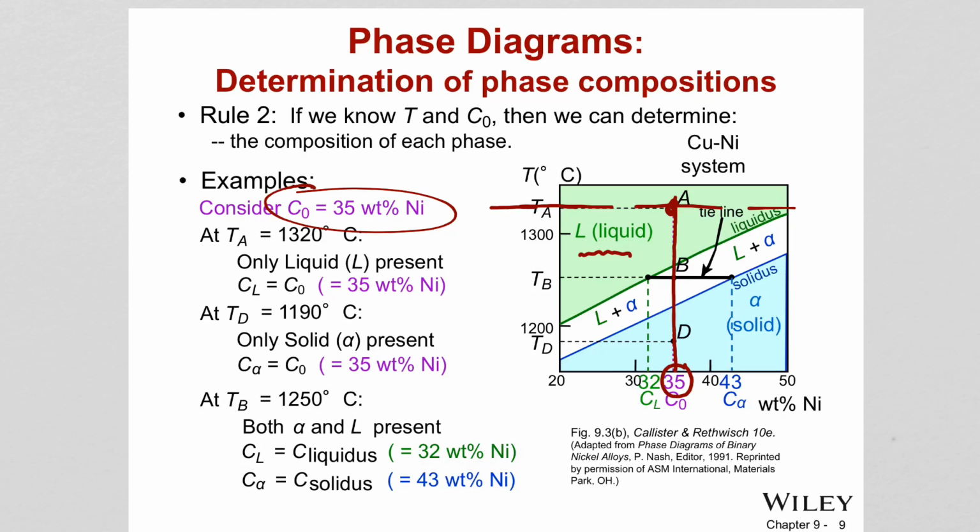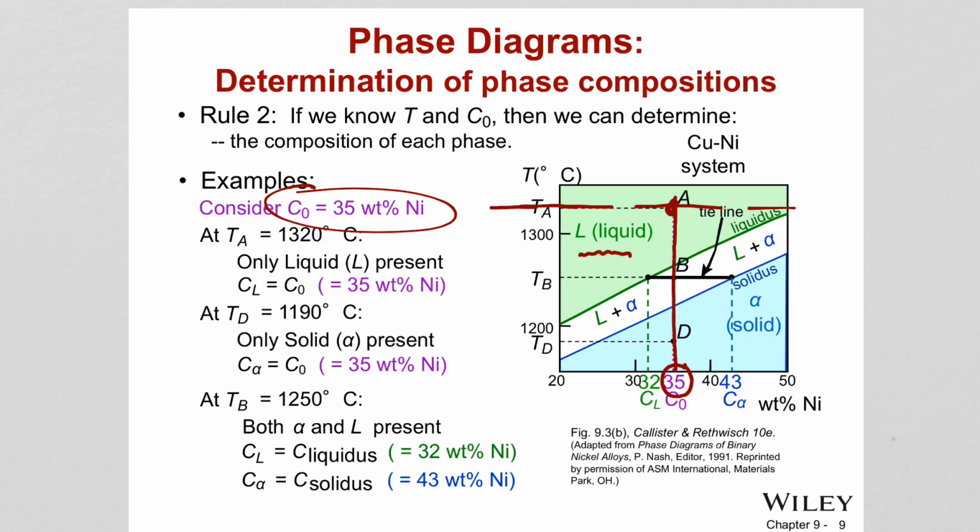If that is the case, if you have one phase, then your initial composition and the composition of the liquid are the same. That means within the liquid it is also 35% nickel and 65% copper.